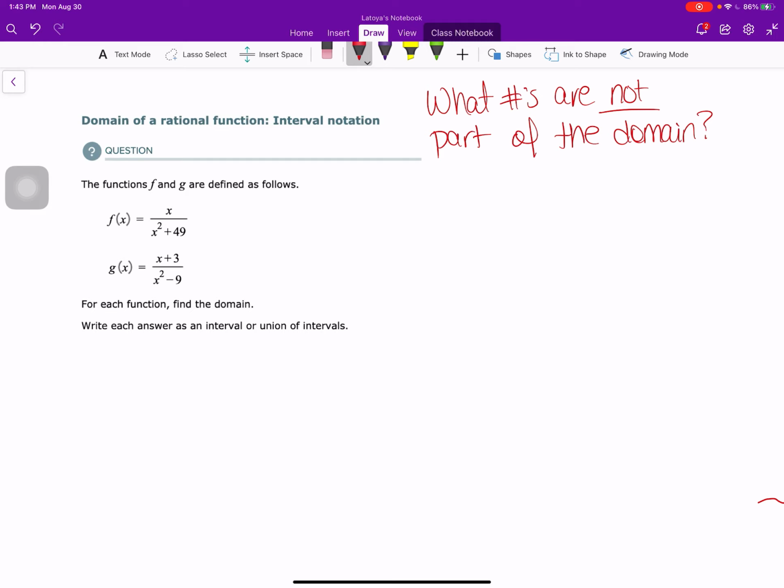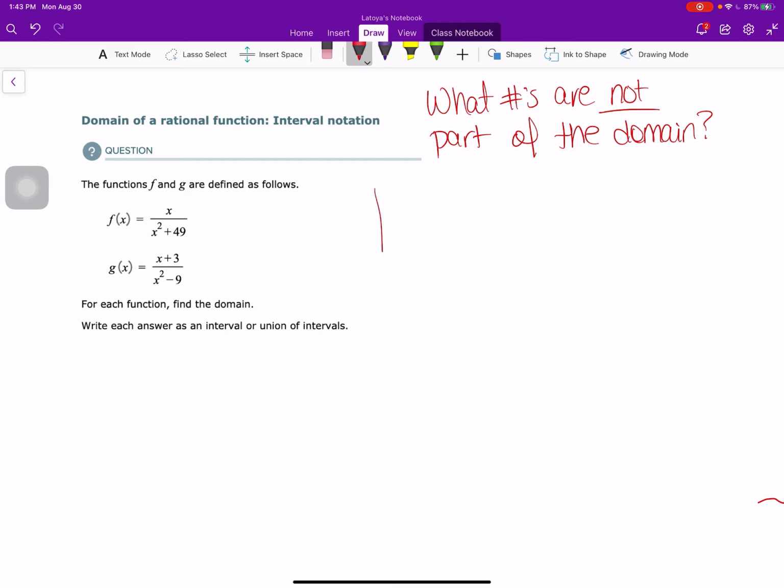What type of numbers, or what number, if I were to substitute it into this function, would give me a problem? It would give me an error. I wouldn't be able to compute that number.